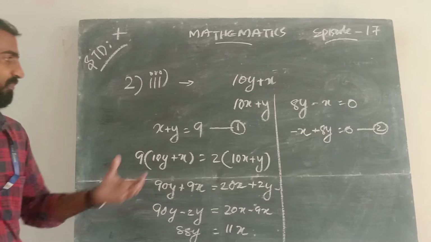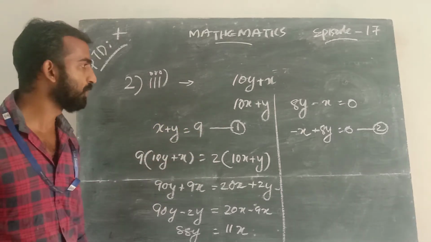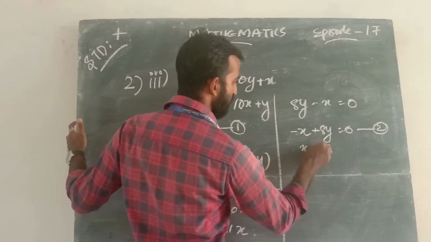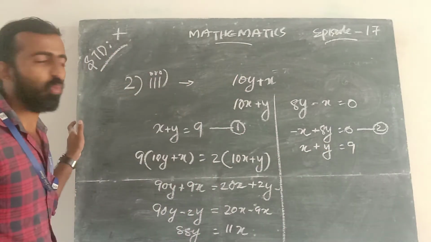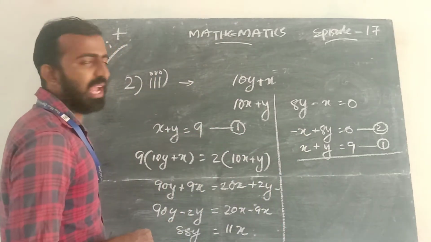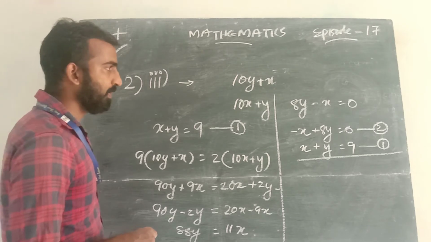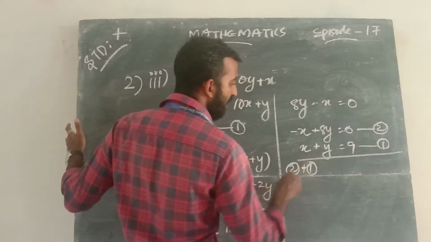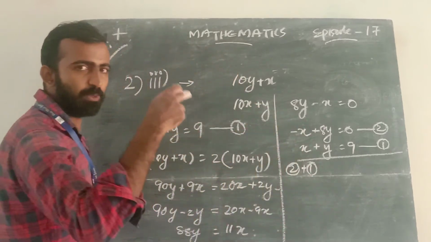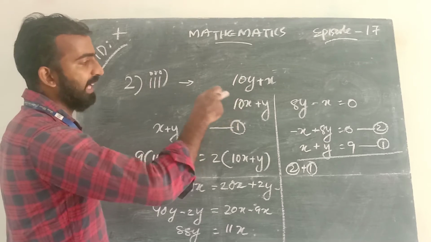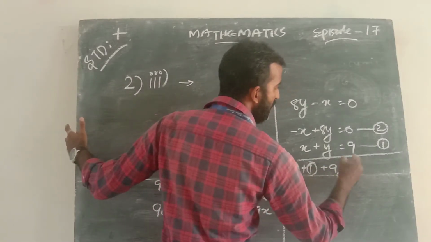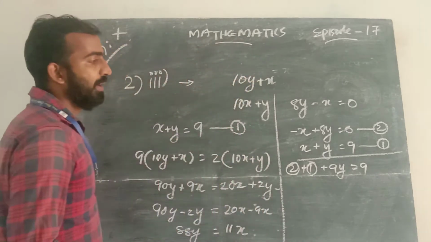So we got two equations. Equation number 1 is x plus y equals 9. Adding equation 2 and equation 1, minus x plus x gives 0x, and 8y plus y gives 9y, equals 0 plus 9, which is 9.